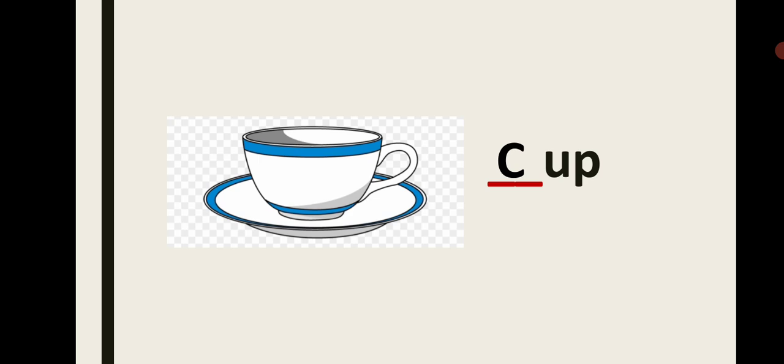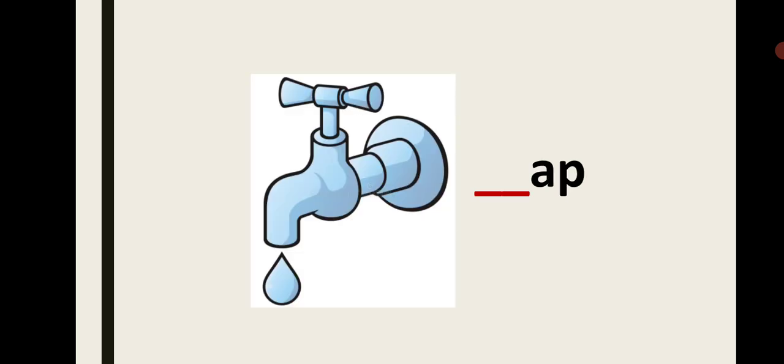C. Cup. C letter is missing. Tap. What letter comes in the blank? Tap. T. Very good. Tap.